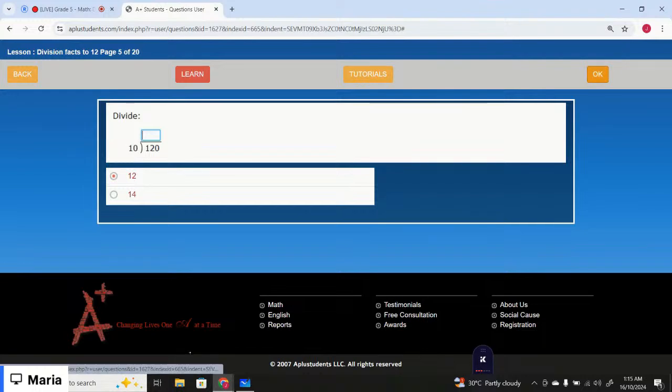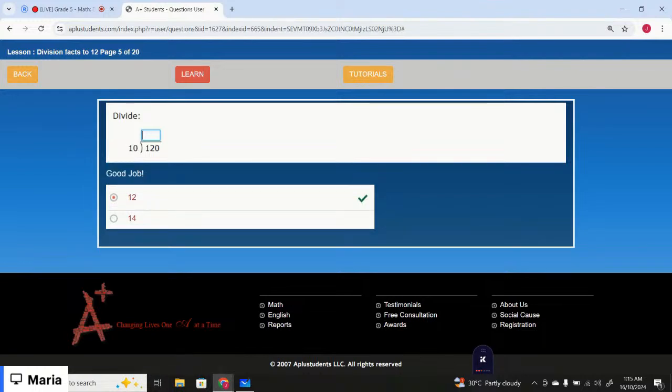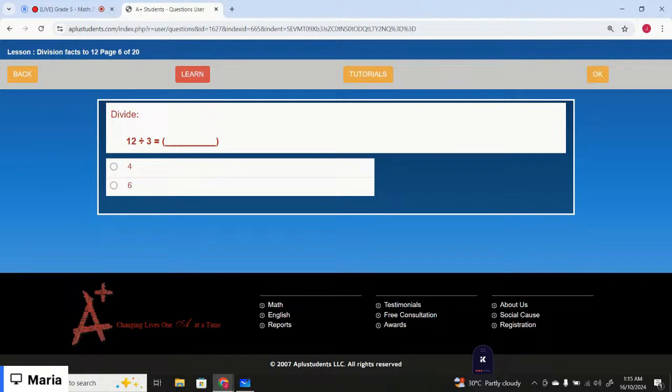Option number 1 is the correct option. 12 divided by 3, which is the correct option? 3 times 4 is 12. Option number 1 is the correct option.